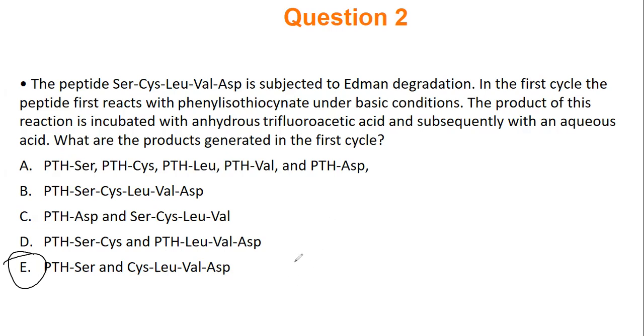And then round two, you would make PTH Cys and be left with Glu, Val, Asp. Round three, PTH Glu, then Val, Asp. Then you do that to make PTH Val, and then PTH Asp at the end. So that's Edman degradation and how we sequence proteins.